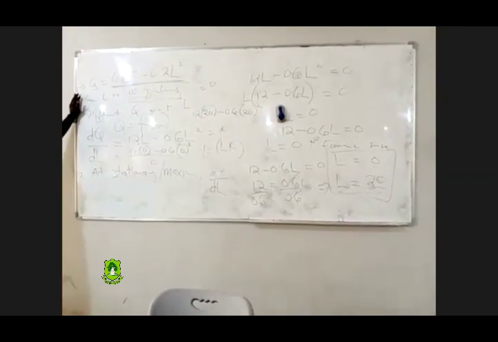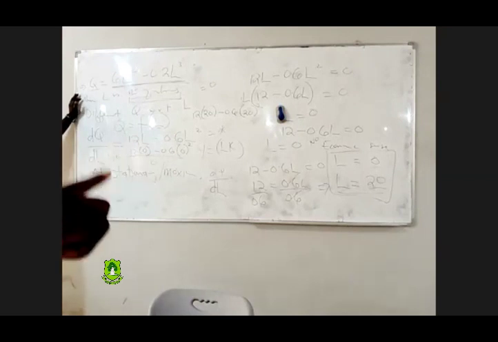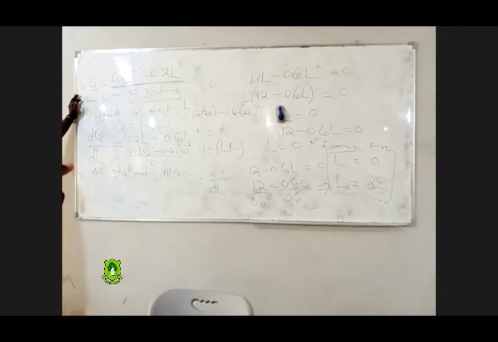At the maximum, it is 0. So when we are applying it at the stationary point, we are equating the equation to 0. Sorry. What I want to understand.